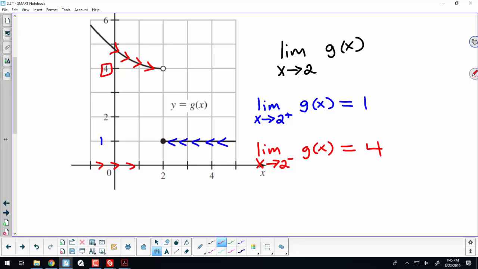But again, visually you can see that. It's totally clear that the limit doesn't exist. And the way we see that is the graph isn't connected, right? There's no way for the left and the right limits to be equal.